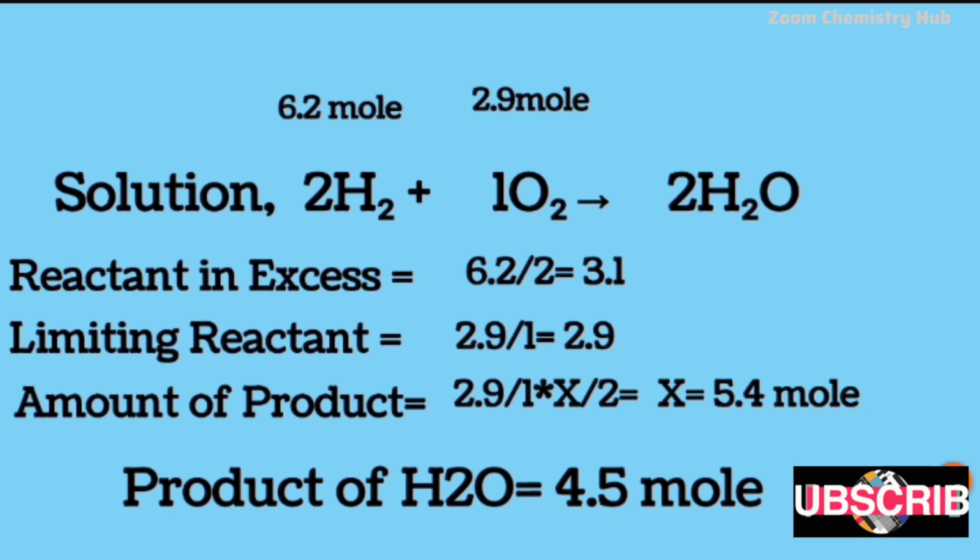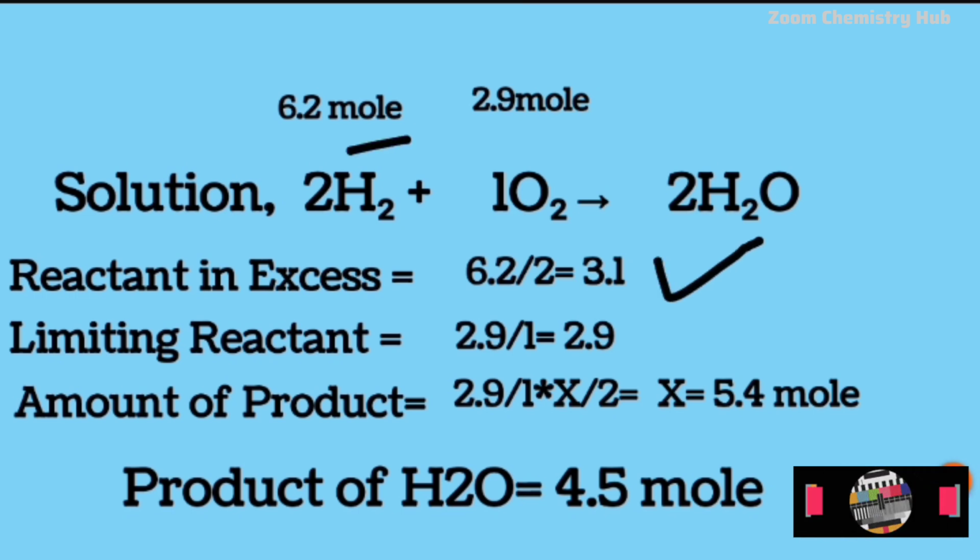First we will calculate the number of moles of both the reactants, that is H2 and O2, by their coefficient. So the reactant, as we can see in the reaction, the number of moles of hydrogen are 6.2 and we divide by their coefficient.